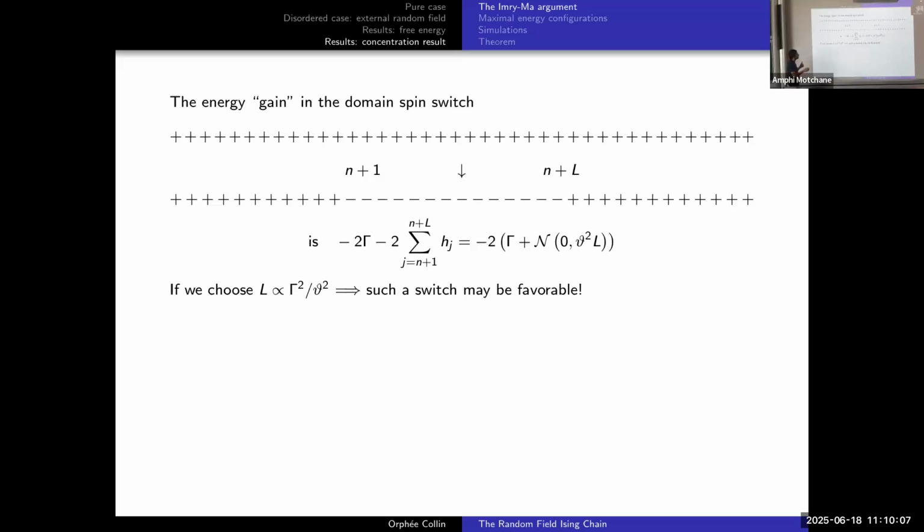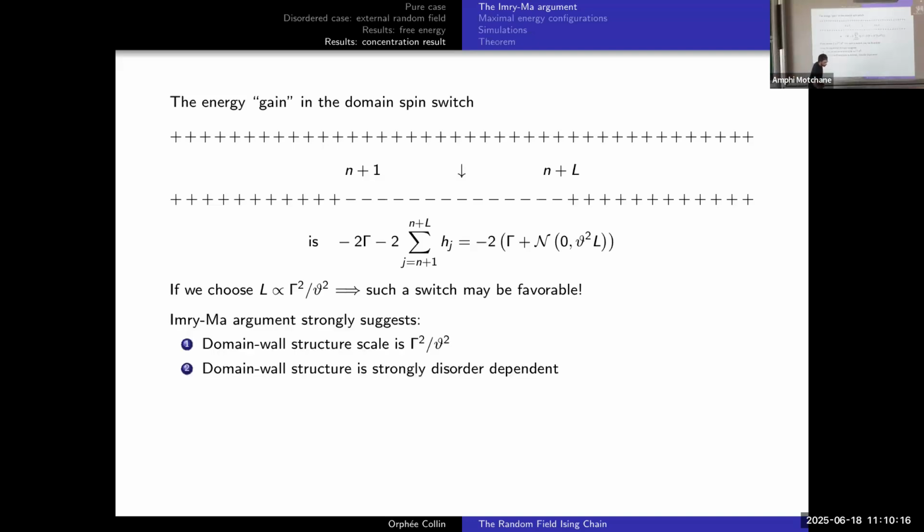So it may be that this domain is more favorable for having minuses than for having pluses.